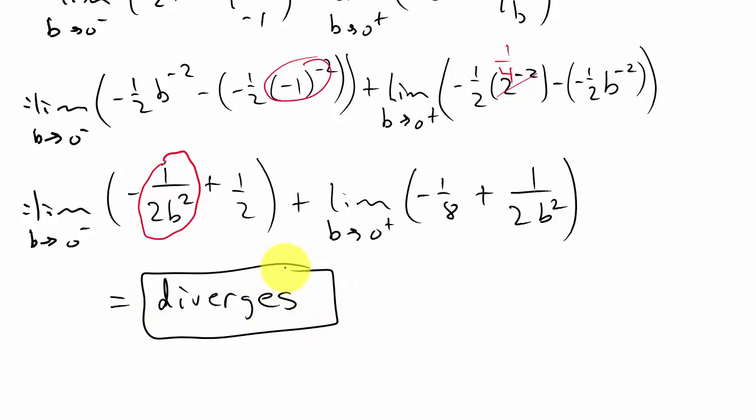You might work some where both approach a number and you actually get a number as an answer, but in this case this one didn't, so we don't need to do anything more. You can also see this other term goes to infinity and diverges too, but we don't even need to check it, because if one of them diverges, the whole thing diverges.